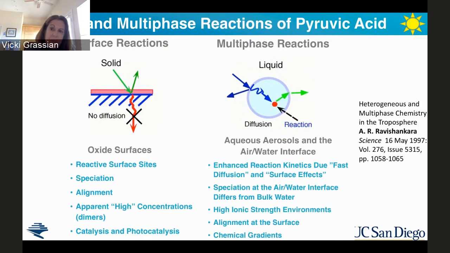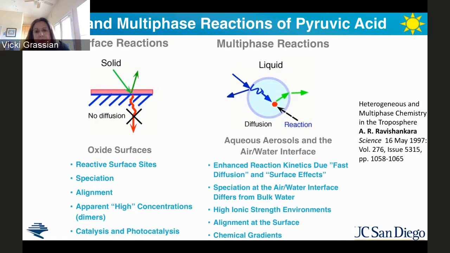What's the speciation of different things that are on the surface? Surfaces can really provide high concentration environments, especially when you get to high coverages. And there's also the catalytic and photocatalytic aspects of surfaces that are so interesting, and we just saw a moment ago form such important compounds related to prebiotic chemistry.